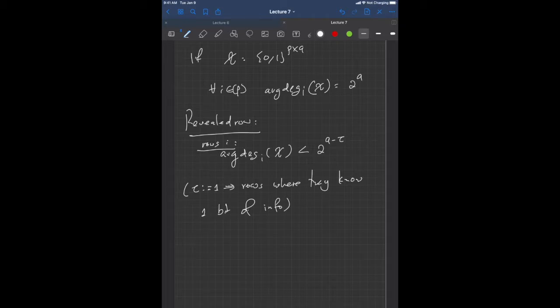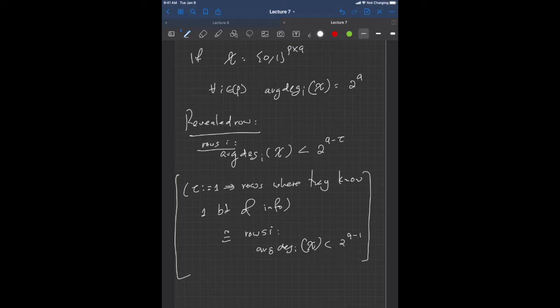By this definition, this is equivalent to rows i such that the average degree of i in X is strictly smaller than 2 to the q minus 1. If you take the logarithm, it's saying that the amount of information left unrevealed in that row is q minus 1 bits. So it's like saying they have learned 1 bit of information. I hope this definition is intuitive enough for you.